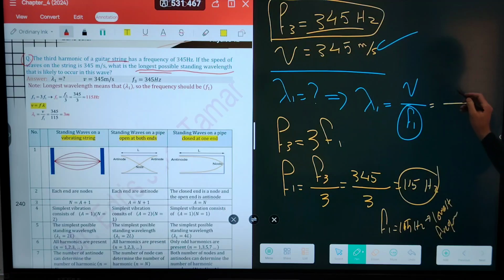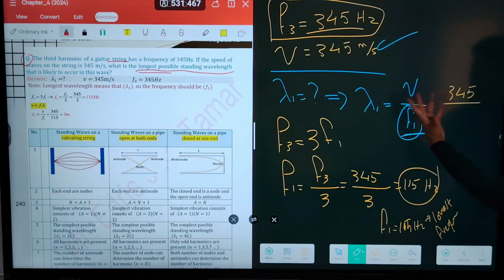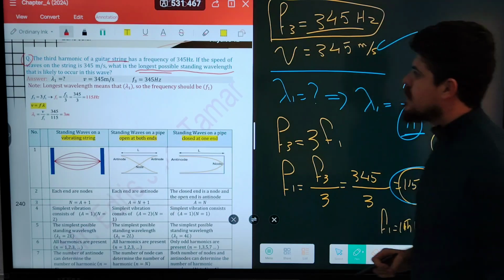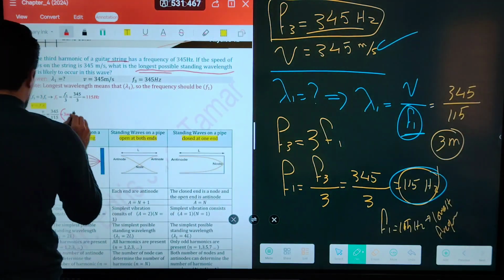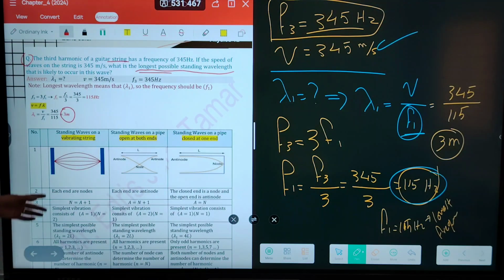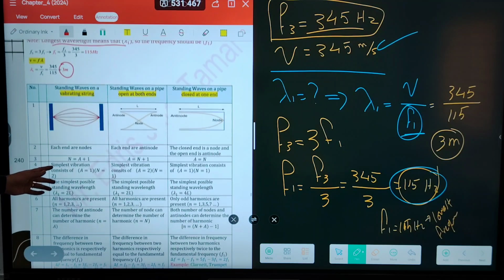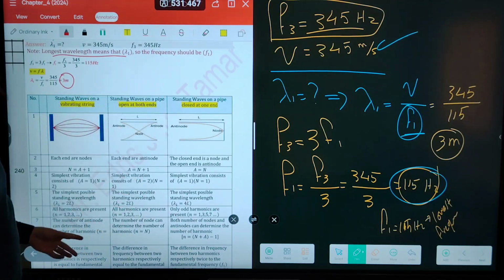Lambda 1 is equal to V divided by F1, 345 over 115, which is equal to 3 meter. So the wavelength is 3 meter. Longest wavelength means lambda 1, so the frequency should be F1, the lowest frequency.